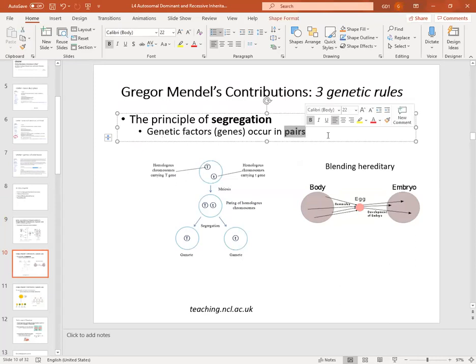That is amazing and correct. Now we know we have two sets of chromosomes, so for any gene we have two versions, one from mom and one from dad. So we have them in pairs. That is logically amazing.